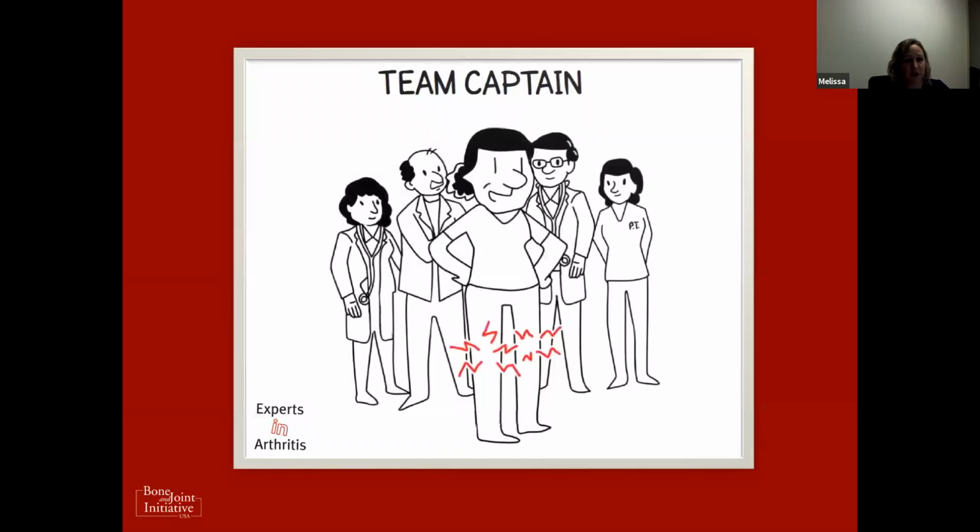So here's just another picture, like we mentioned, being a team captain of those that can help take care of you. You being in the center of your care, but also knowing that there are other people with you, not just family members. On your team could be your primary care provider, which would be your medical doctor that you see for your checkups, hopefully every 6 or 12 months. You have rheumatologists, which are the experts in care of arthritis.